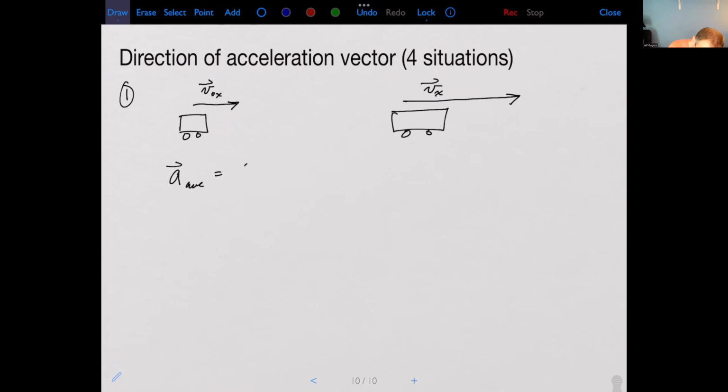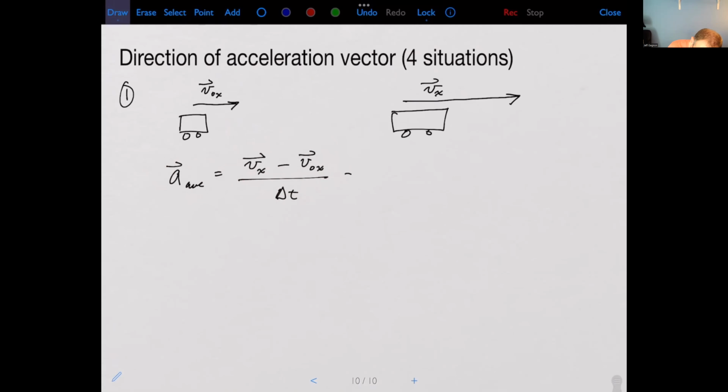So this is going to be Vx final minus V initial x divided by delta t. So the direction of this change in velocity, this numerator here, since those are vectors, they have a direction, that change in velocity is going to give me the direction of the acceleration. I'm just dividing by a time, there's no direction to time, so really the direction of the acceleration comes from the direction of this change in velocity.